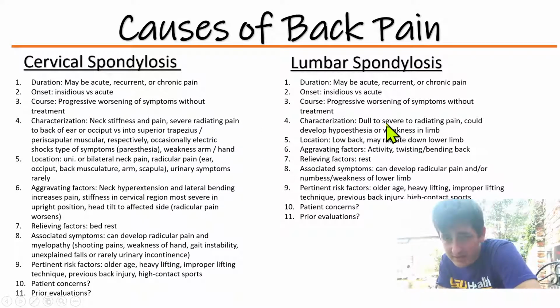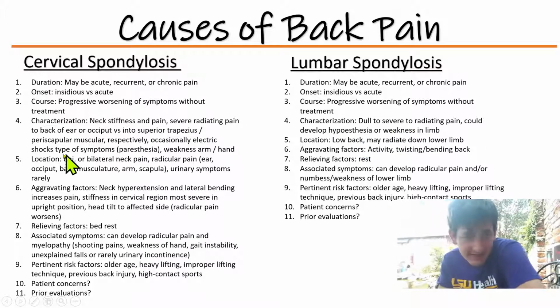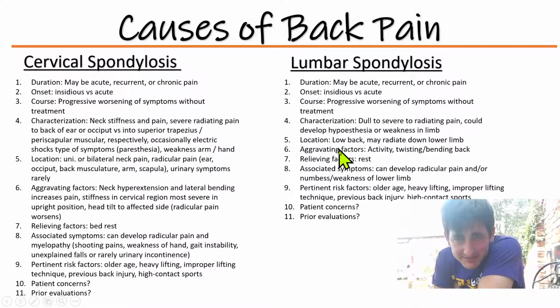Over here in lumbar, you can see dull to severe radiating pain, could develop hypoesthesia, loss of sensation, or weakness in the limb. Location, usually it can be either unilateral or bilateral neck pain. It can be radiating pain, as said, and urinary symptoms more rarely, extremely rare with cervical spondylosis. And again, these are when complications arise, right?